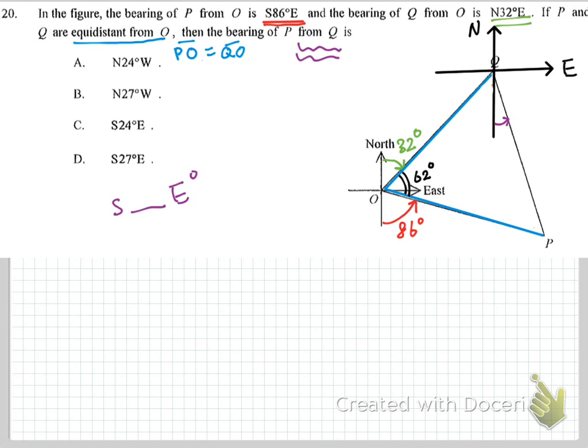So we can get the orange angle as 180 minus 62 divided by 2. So each of these orange angles will be, oh no, will be 59 degrees. Alright, 59 degrees. Am I right? Okay. Each of these orange angles will be 59. 180 minus 62 divided by 2.